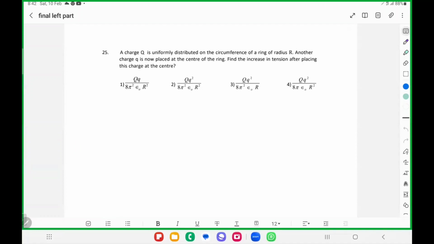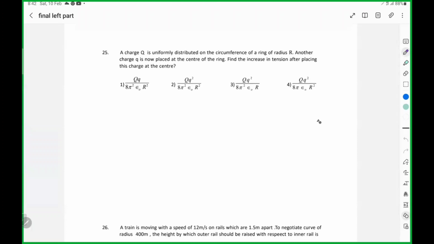Here, a charge Q is uniformly distributed on the circumference of a ring of radius r. So charge is distributed uniformly, that is one point of radius r.